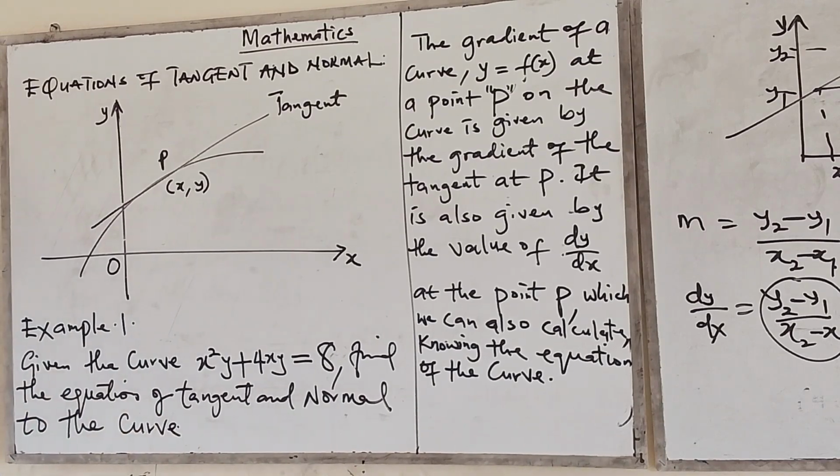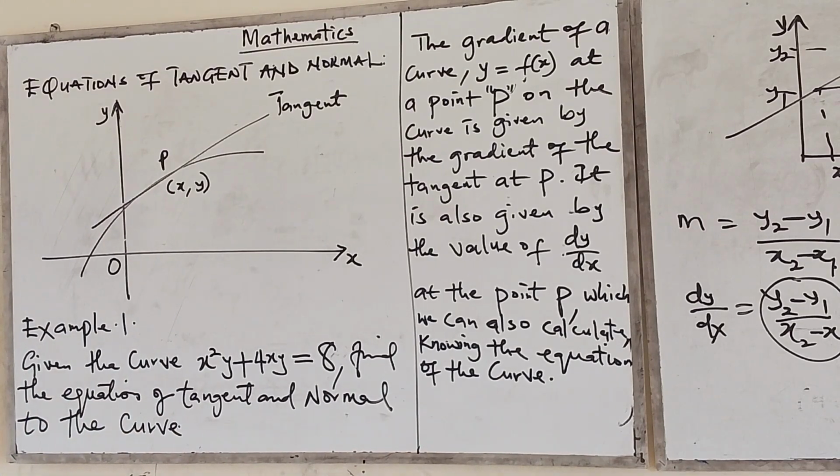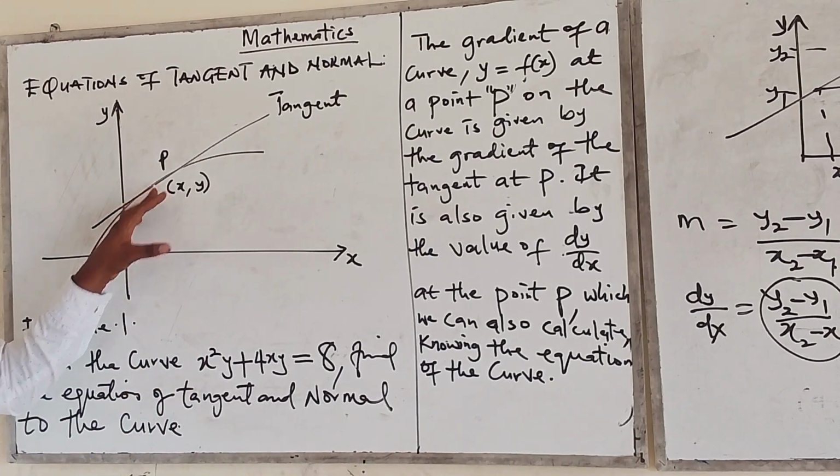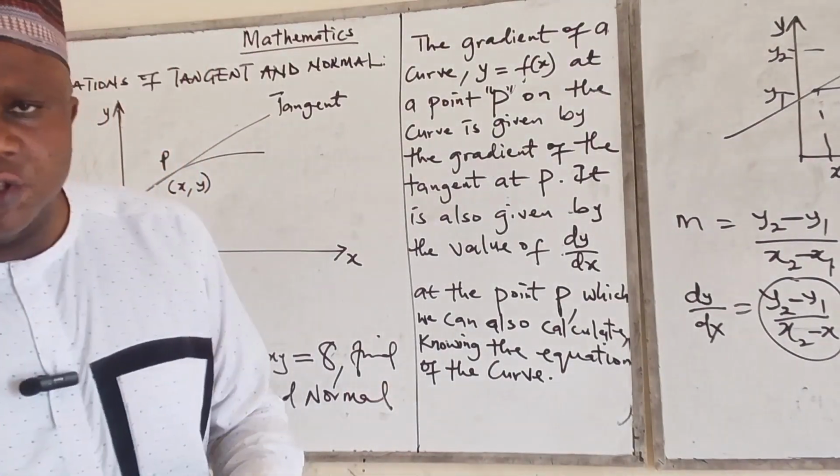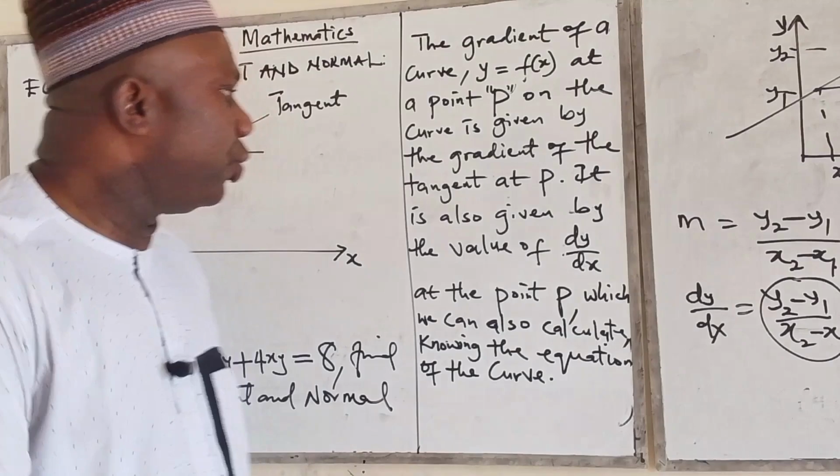Now this is an example. Like we said, when you have the equation of the curve, you can calculate the gradient of the tangent, the gradient of the normal, the equation of the tangent, and also the equation of the normal.